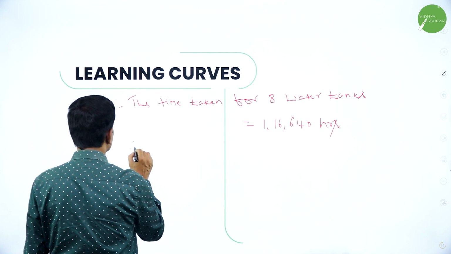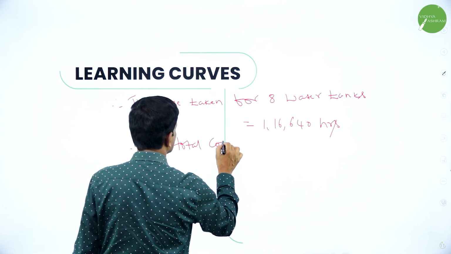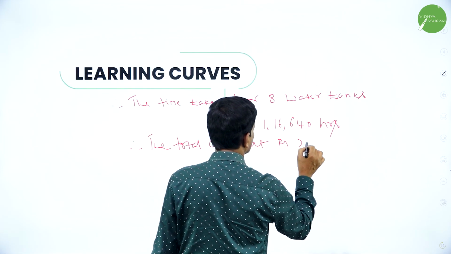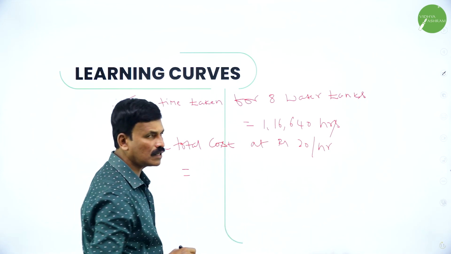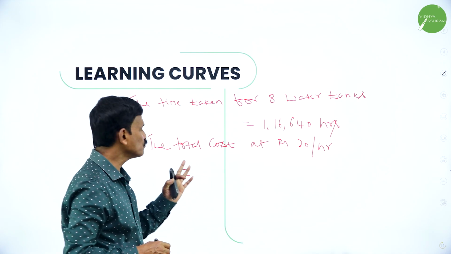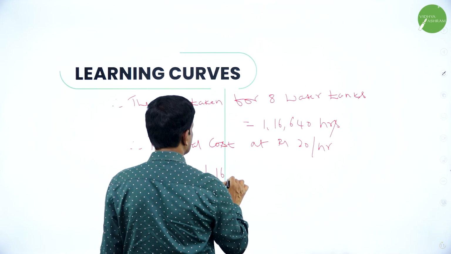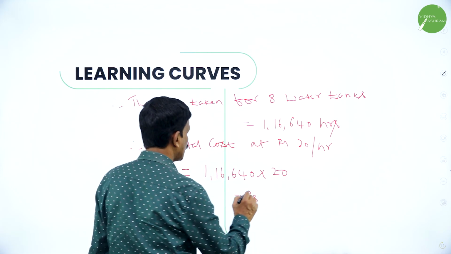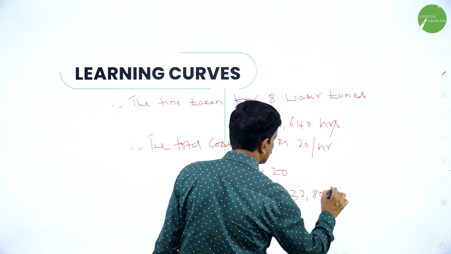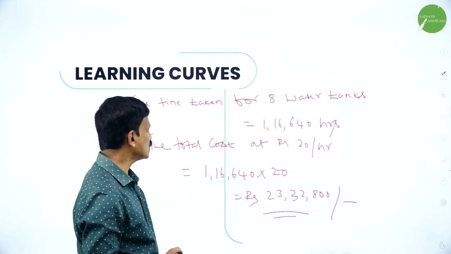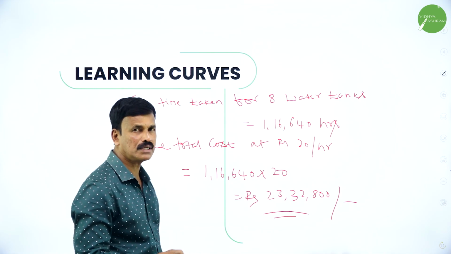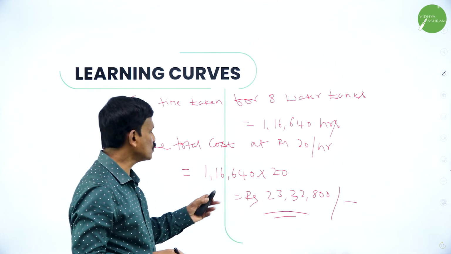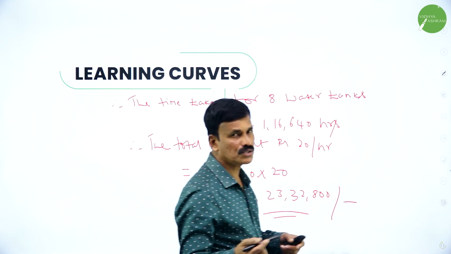Therefore the total cost of the company at the rate of 20 per hour is 1,16,640 into 20, which is equal to rupees 23,32,800. So the total cost the company incurred at rupees 20 per hour is 23,32,800. This is how we are going to solve this problem for 5 marks.